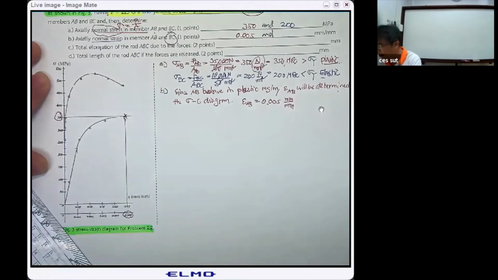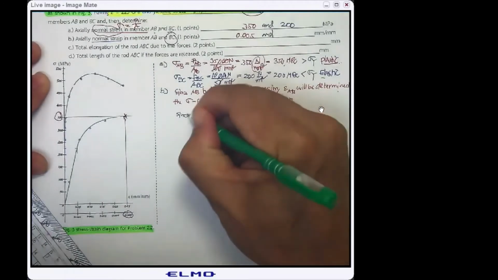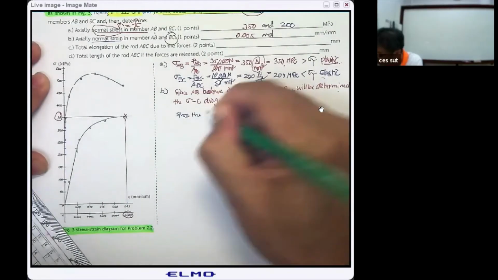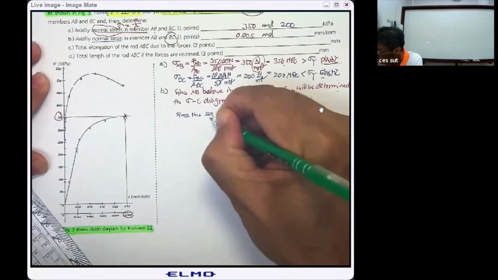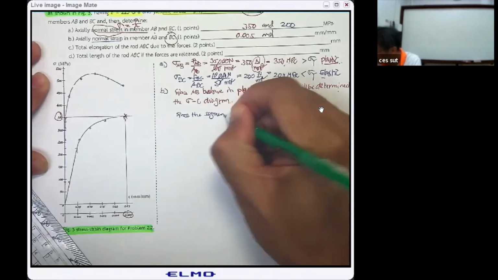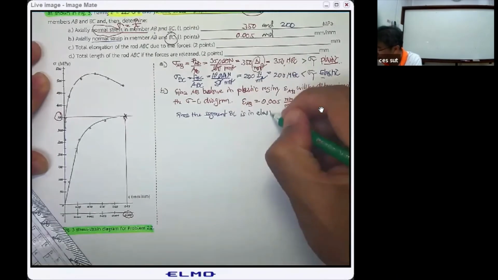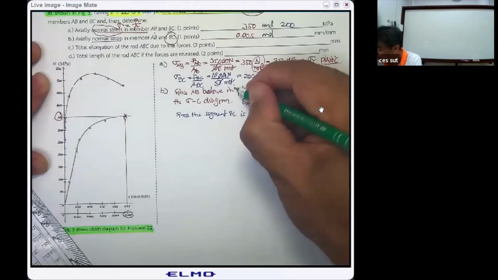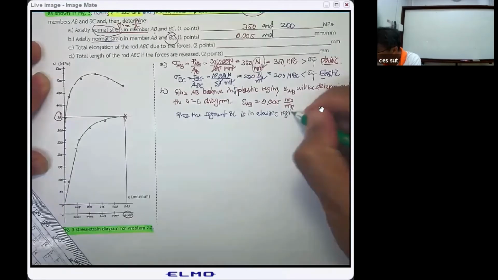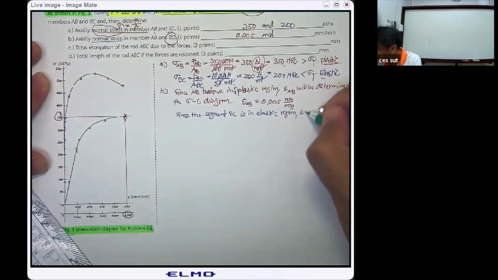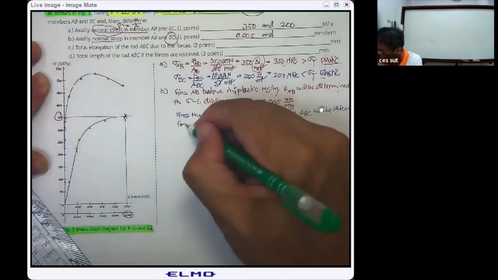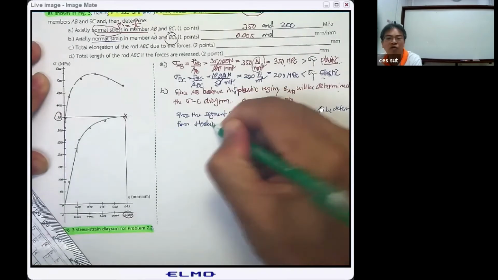Okay, and again, since segment BC is in the elastic region, epsilon sub BC will be determined from Hooke's law.